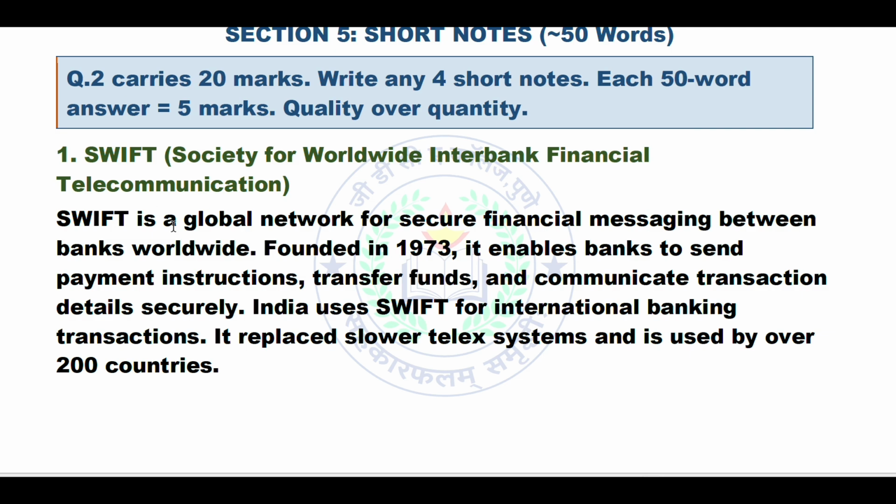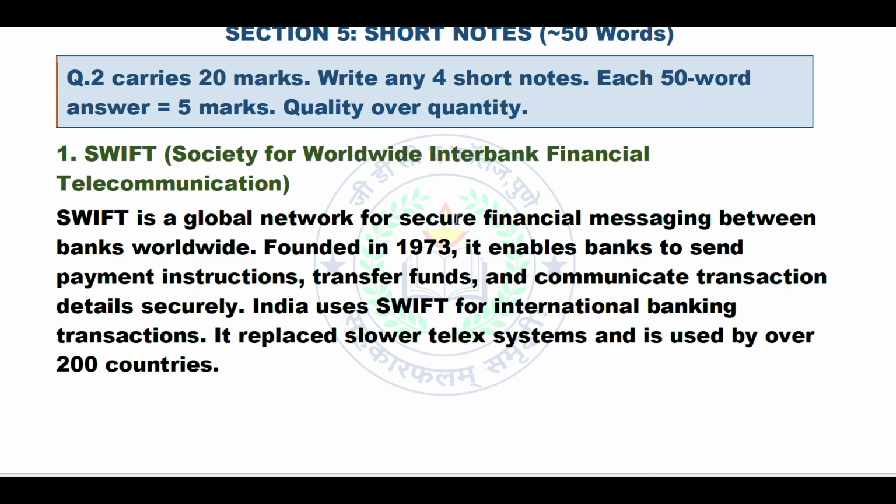What will be the answer? SWIFT is a global network for secure financial messaging between banks worldwide. Founded in 1973, it enables banks to send payment instructions, transfer funds, and communicate transaction details securely. India uses SWIFT for international banking transactions. It replaced the slower telex system and is now used by more than 200 countries.